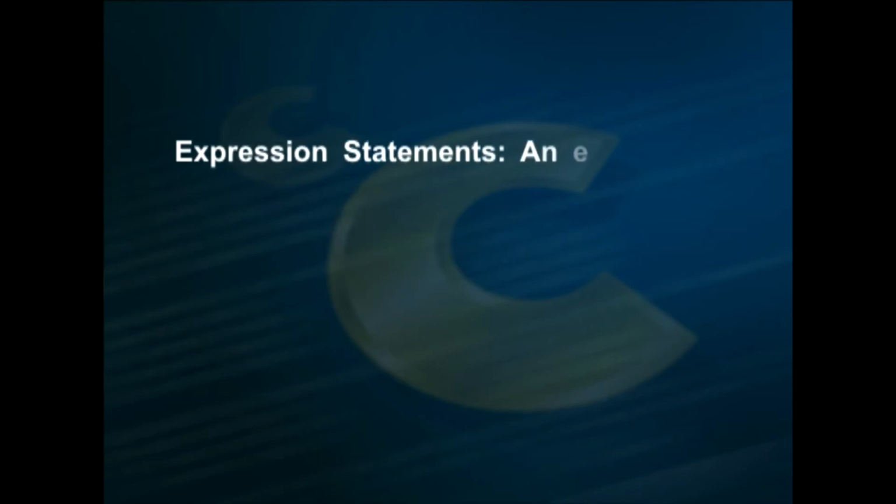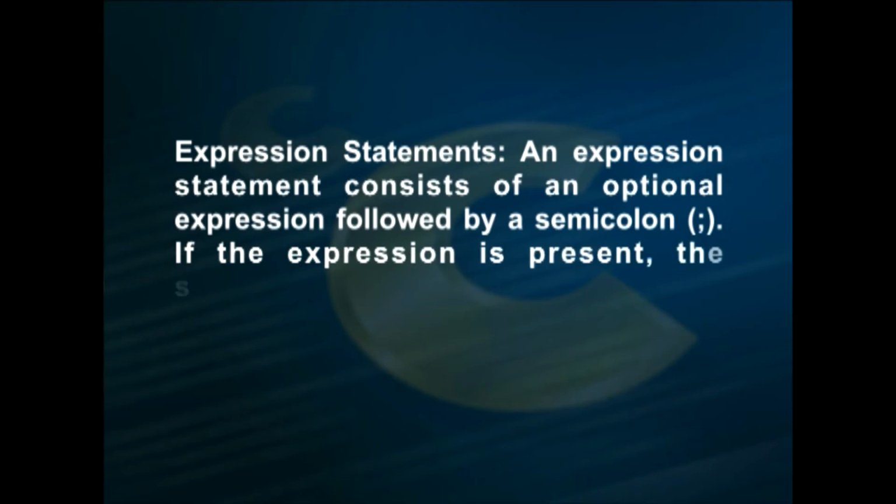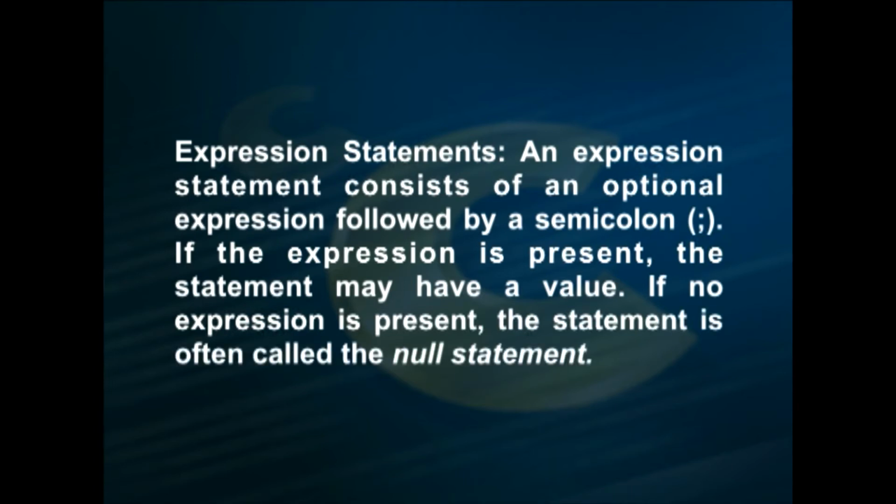Expression statements. An expression statement consists of an optional expression followed by a semicolon. If the expression is present, the statement may have a value. If no expression is present, the statement is often called the null statement.